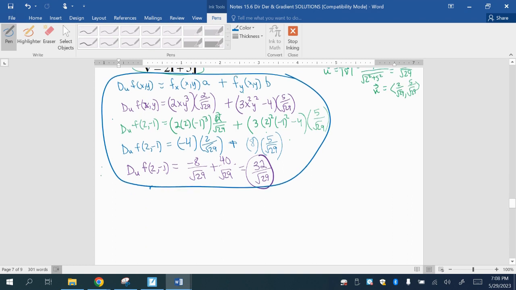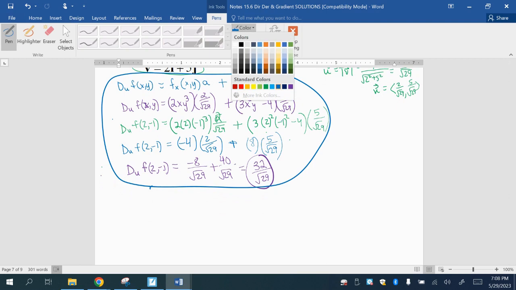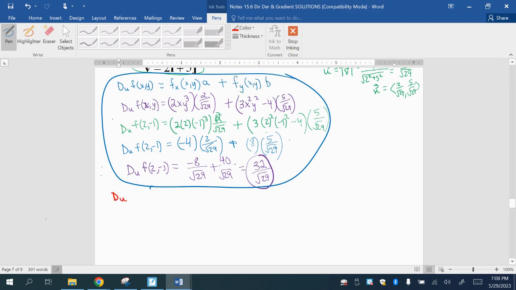Let's see this. If we do it using the dot product, let me just do this in red now. That means that the directional derivative of f is the gradient of f dot the unit vector.